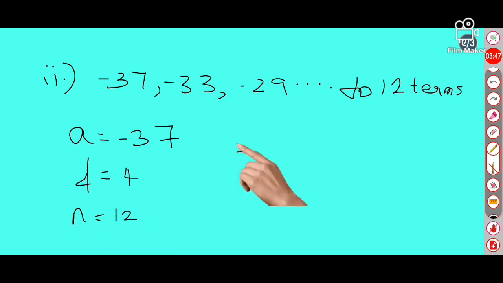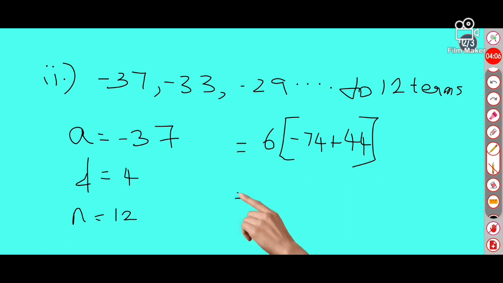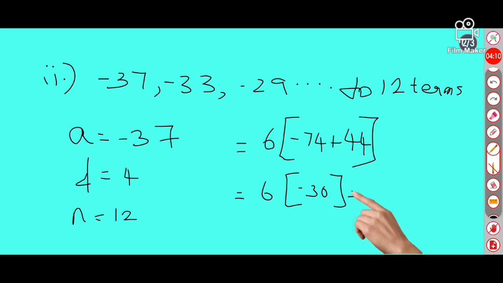Substituting this in the formula, you get 12 by 2, that is 6, into 2a, minus 37 into 2, that is minus 74, plus n minus 1, that is 12 minus 1, 11 into d, 11 cross 4 is 44. Simplifying this, you get 6 into minus 30, that is minus 180. So this is the sum value of the second subdivision of the question.